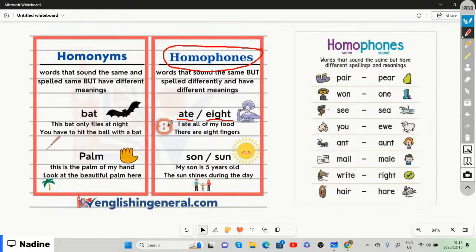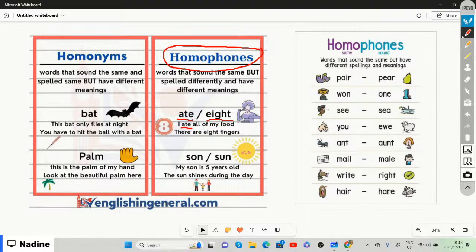And here they're giving us a number. And over here we have a picture of a lady that is eating. It says, I ate all my food.